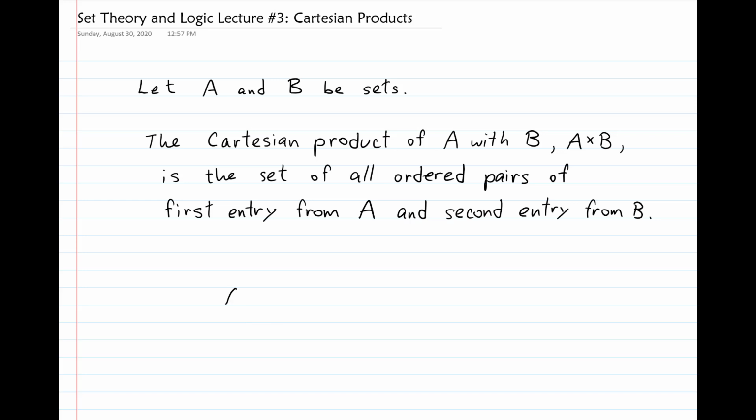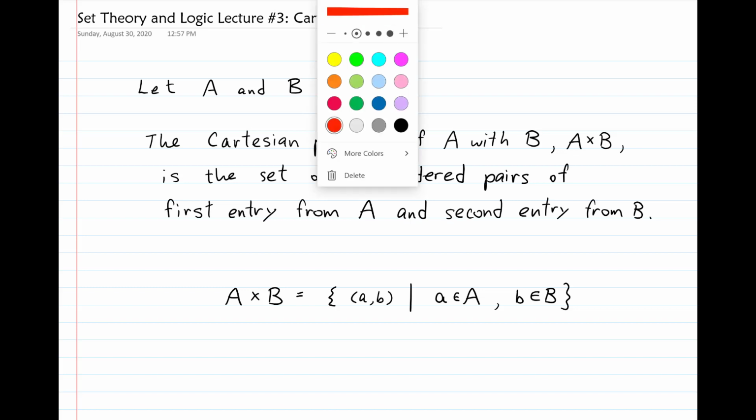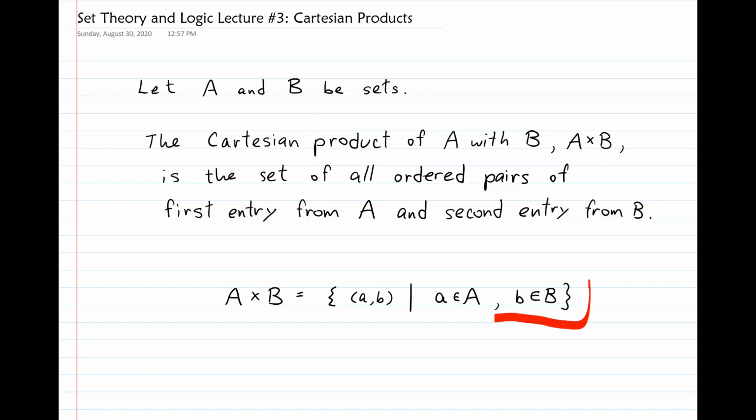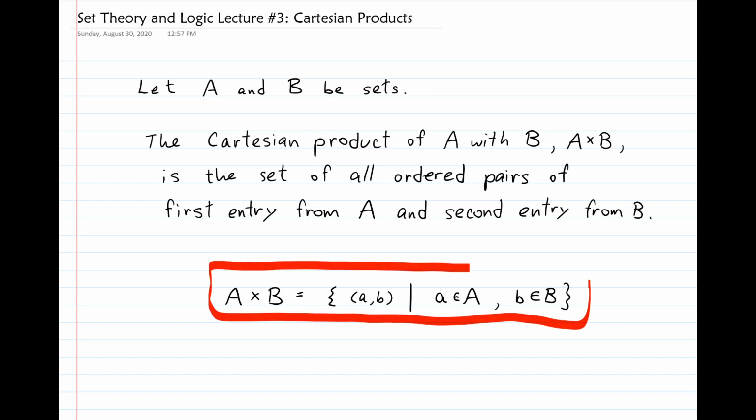We write A cross B equals the set of all ordered pairs (a, b) such that the first entry a is from the set A and the second entry b is from the set B. That is the Cartesian product of A with B. The Cartesian product of B with A is something different, isn't it?